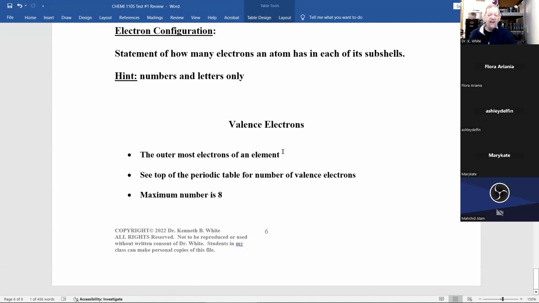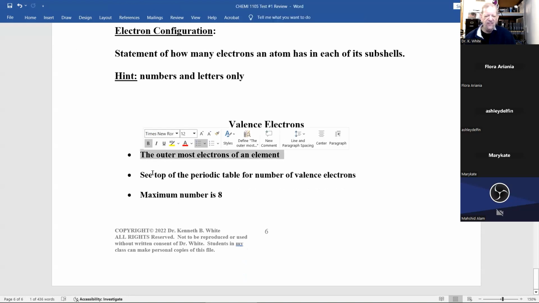Now, the last thing I'd like to talk about are the valence electrons. You should know the valence electrons are the outermost electrons in the element. They're the ones on the very outside of the electron cloud. And those are the most important because those are the electrons which, you'll learn later in the semester, are involved in chemical reactions.